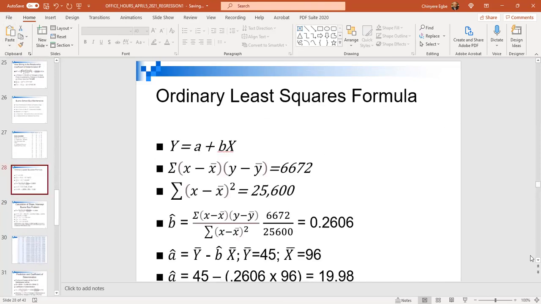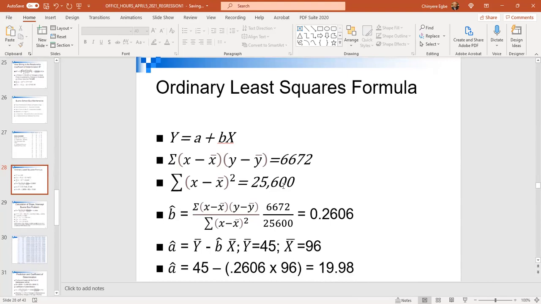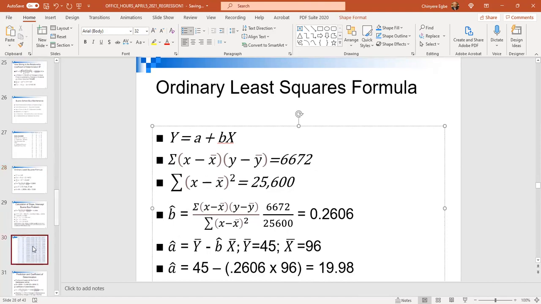You see, we said we're going to estimate a using a hat, and we're going to estimate b using b hat. As you can see from our original formula, the summation of x minus x bar times y minus y bar is 6672. Here it is here.